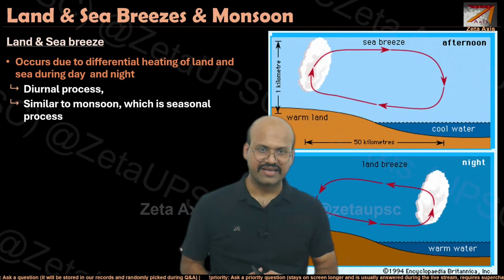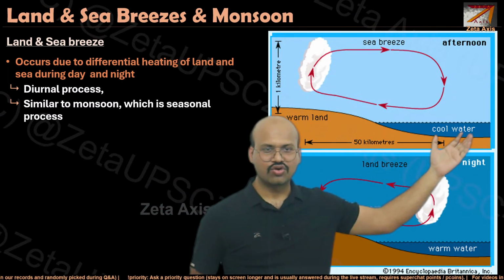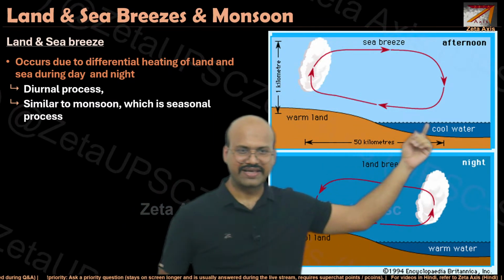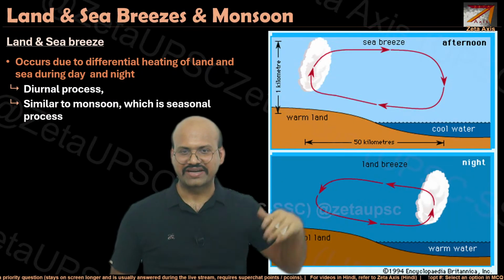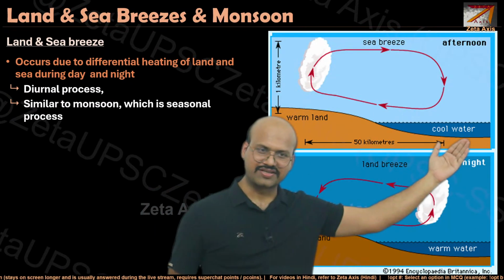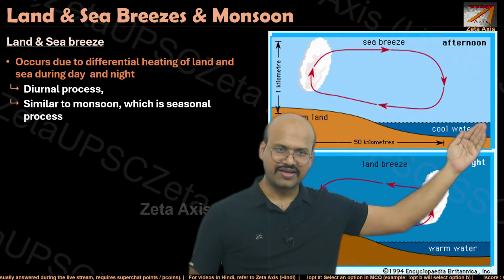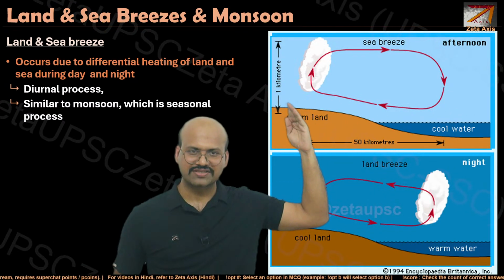During the day, the land is heated up while the ocean is cooler. Therefore, there is higher pressure over the ocean and lower pressure over the land. We know that wind will move from the high pressure region towards the low pressure region.